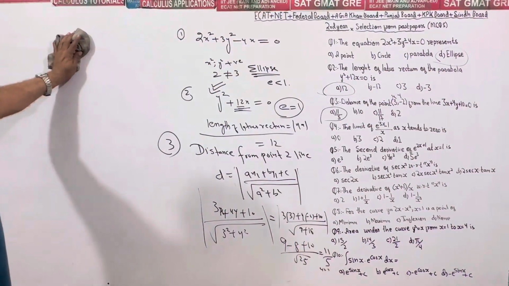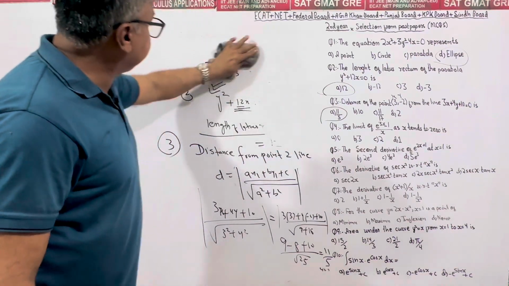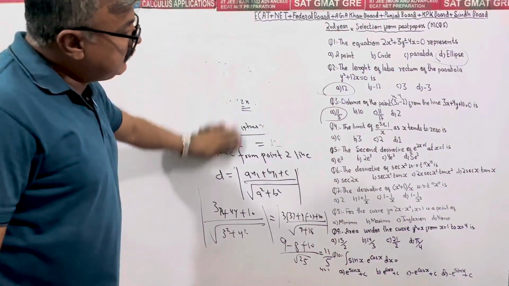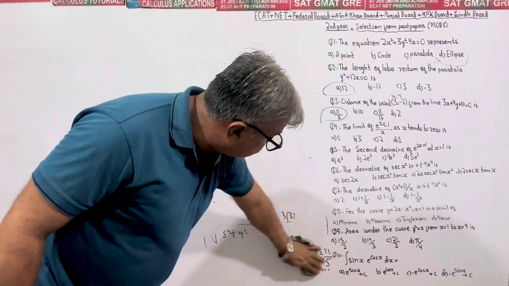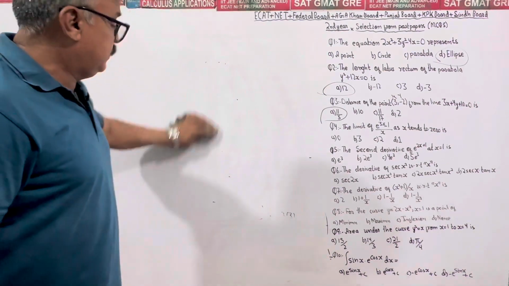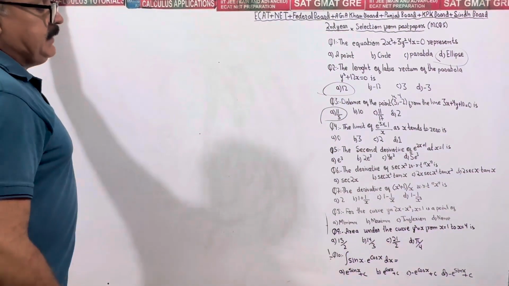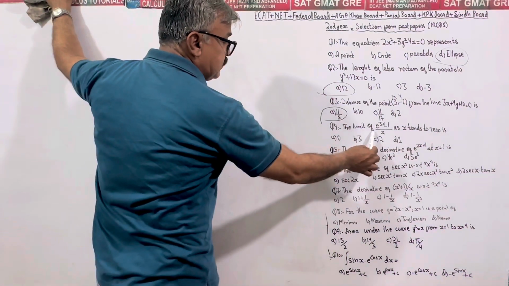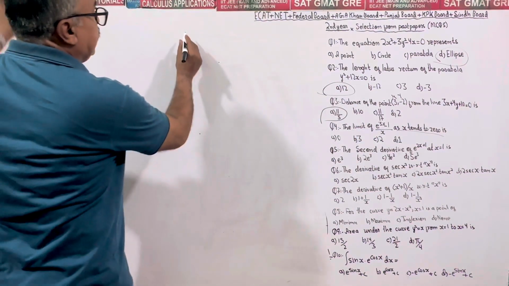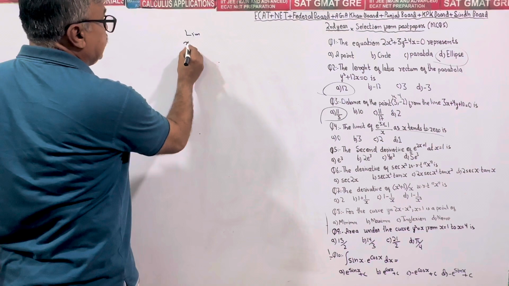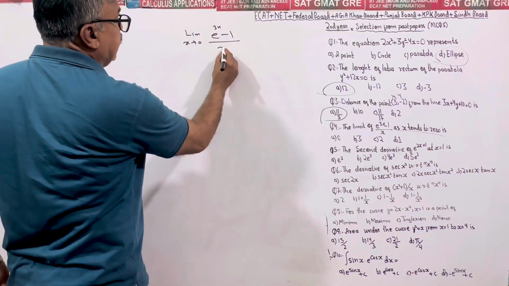Okay, question number 4, it's a limit question. The limit of e raised 3x minus 1 divided by x, as x tends to 0, we have to evaluate. So I can write limit x tends to 0, e raised 3x minus 1 over x.